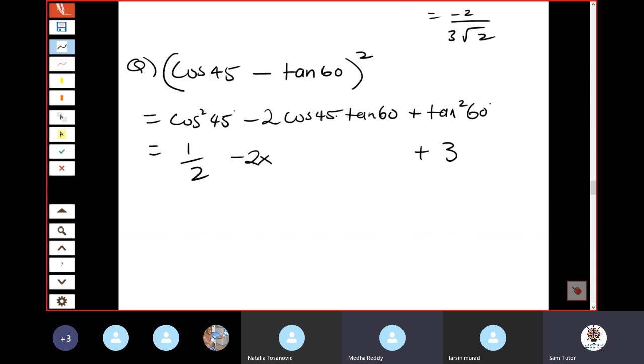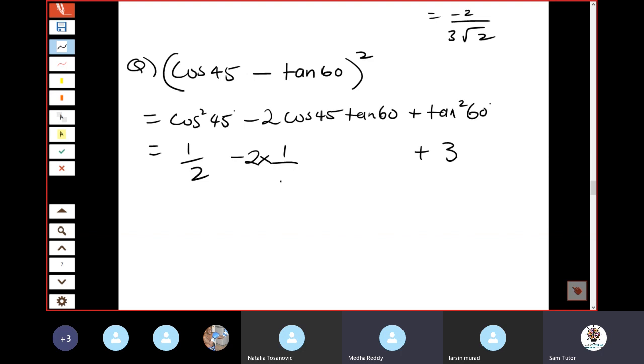Minus 2 times. Work out what cos 45 and tan 60 is for me now. Cos 45. It's half. Nope. Negative 1 over 2. Nope. Let's try it again. So half was right. And then you're meant to square root that.